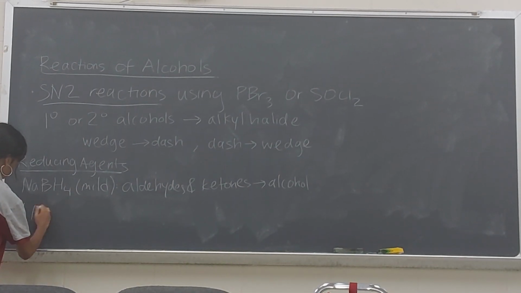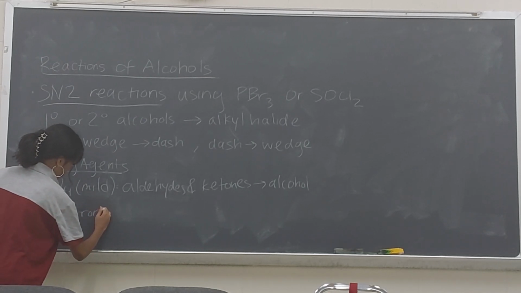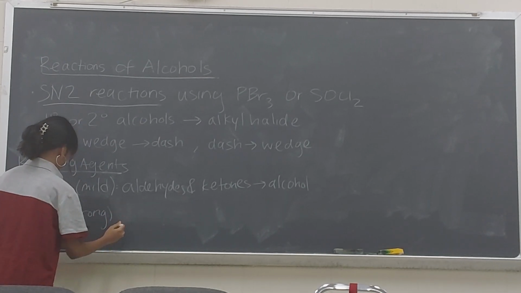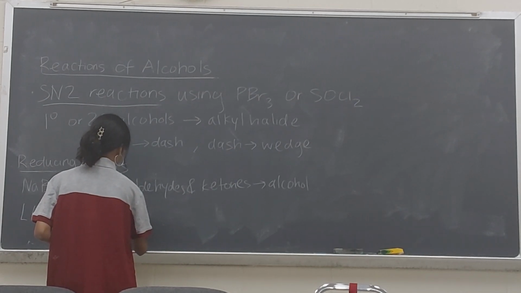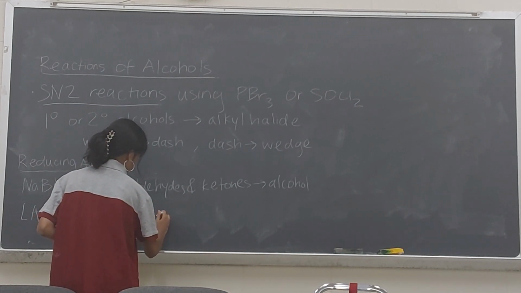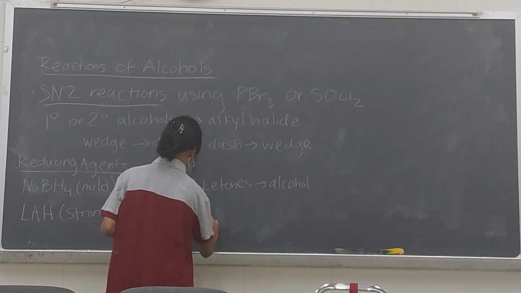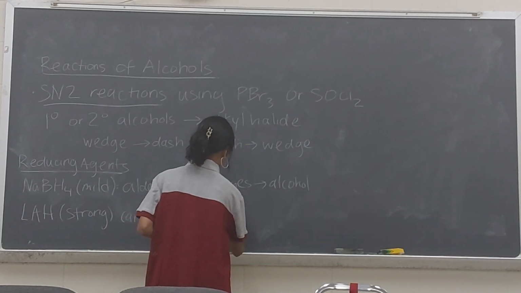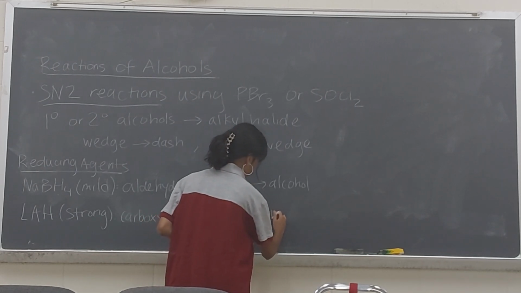And then LiAlH4 is strong. And this can turn carboxylic acids, esters, as well as aldehydes and ketones into alcohol.